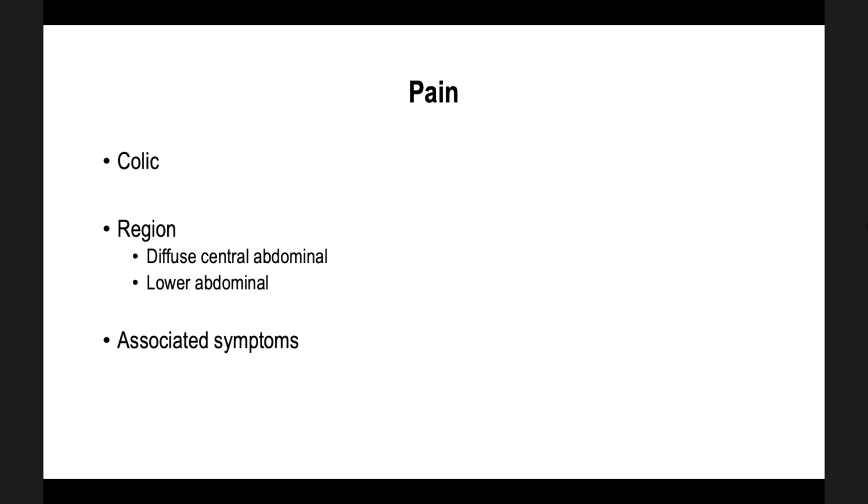So this pain, this is basically the principle you would have studied or learned in physiology. This is visceral pain referred to the corresponding somatic segments.